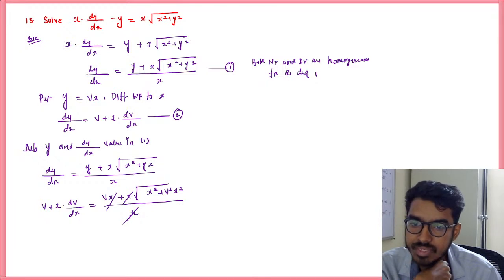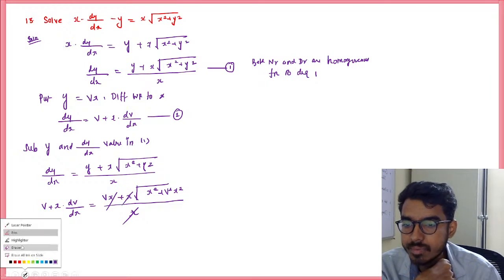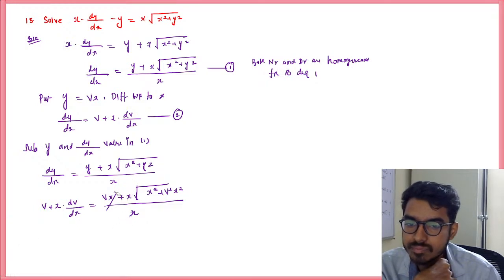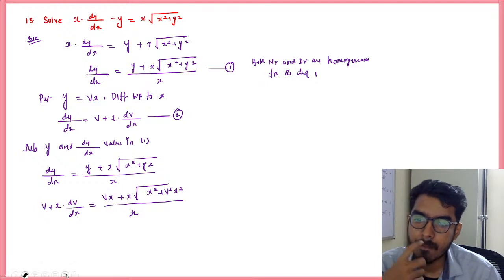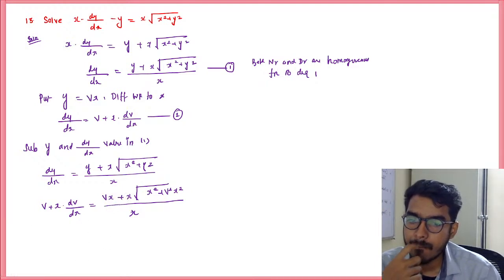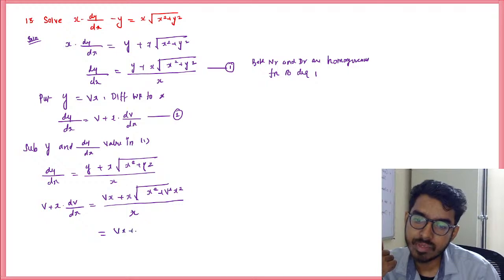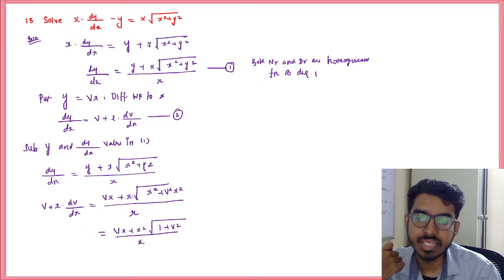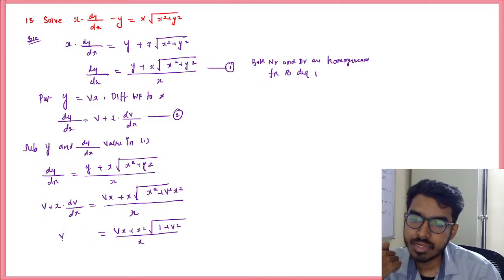Here 1x will remain, because if I take this x square outside, 1x will remain, right? This will be vx plus x square into root of 1 plus v square, because if I take x outside, we will have x square here. And here we will have v plus x into dv by dx. So 1x will get cancelled.